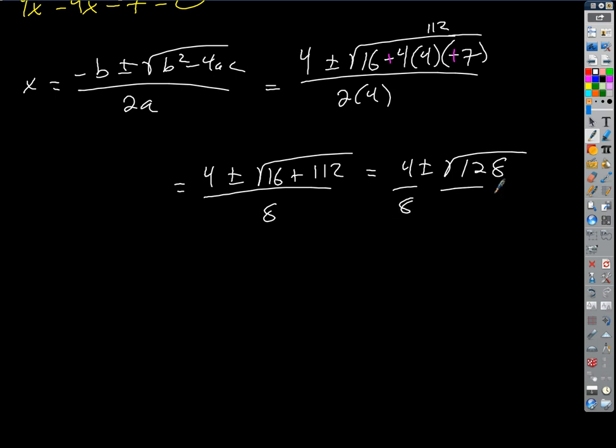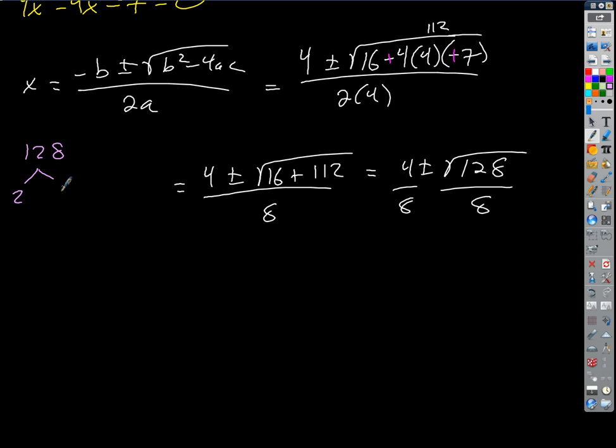So let's go ahead and split this up into separate parts. Then we've got to simplify that radical. We can do that. So we've got 128. Have you noticed that if we've got an even number, what's probably the first thing I should factor out? 2. Why not just take a 2? So I know 2 goes into 128 because it's even. So I get 2, and then what's left over?